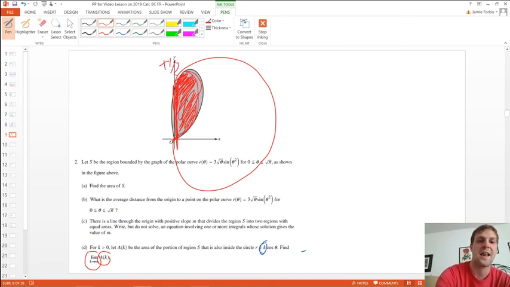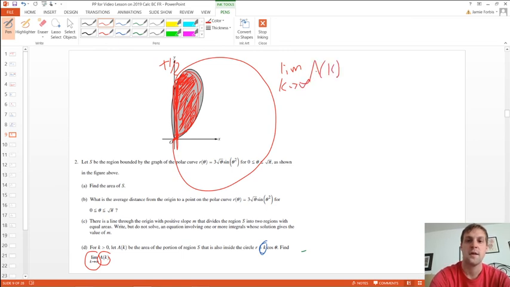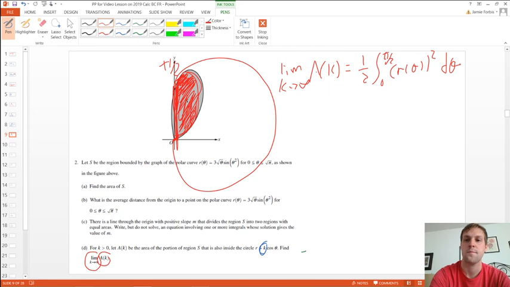It wants me to know the area of S, excluding the part to the left of the y-axis. So simply put, the limit as k approaches infinity of A of k is equal to 1/2 the integral from 0 to pi over 2 of r of theta squared d theta.